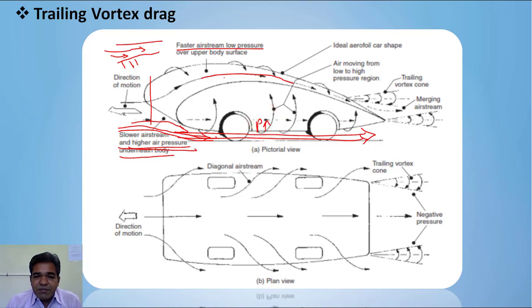And as we discussed, the pressure over the roof is quite low due to the Venturi effect which is produced over the roof. Okay.